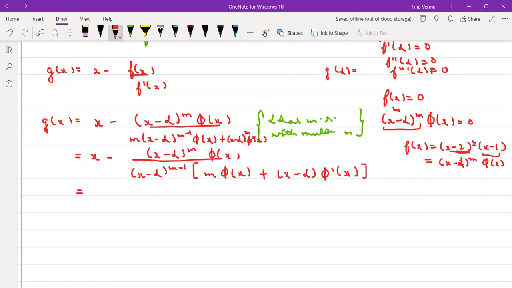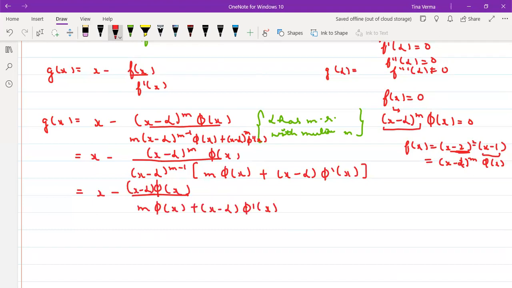So I can cancel this out, and I will be left with (x minus alpha) phi of x divided by m phi of x plus (x minus alpha) phi dash x.